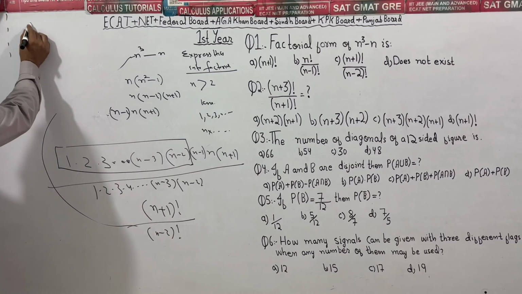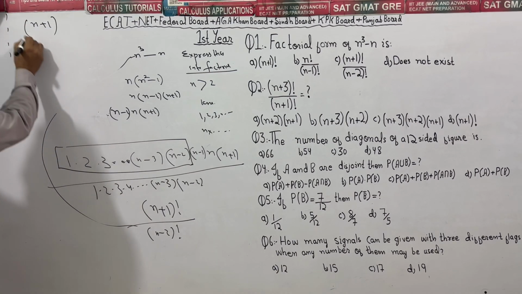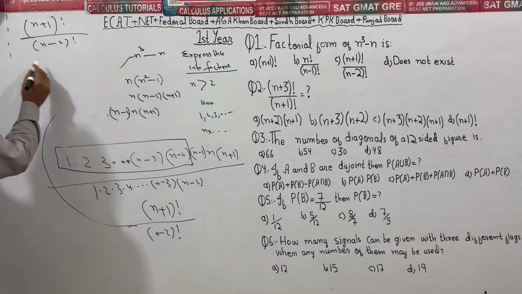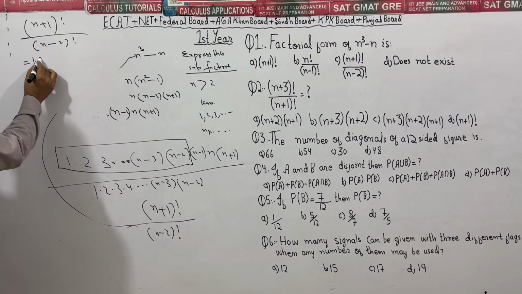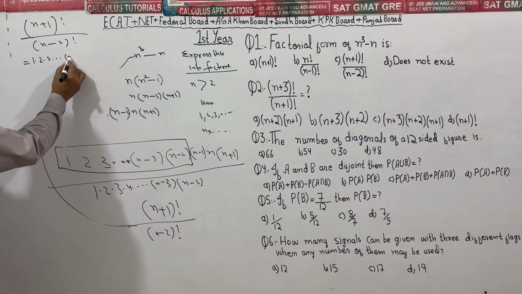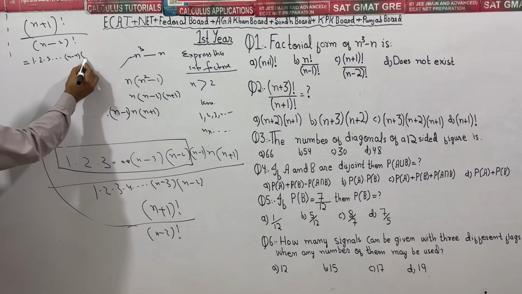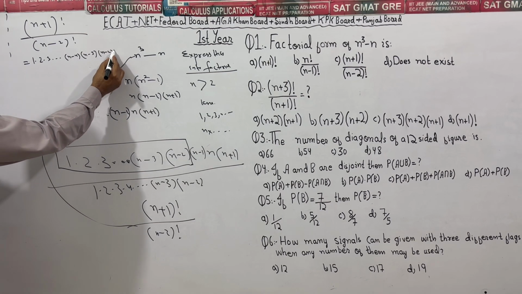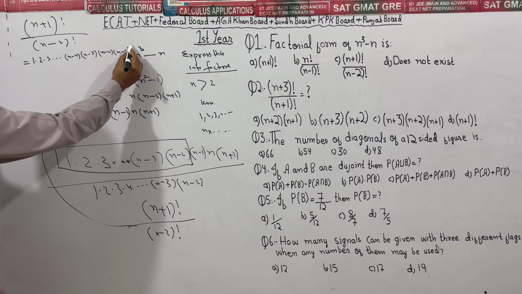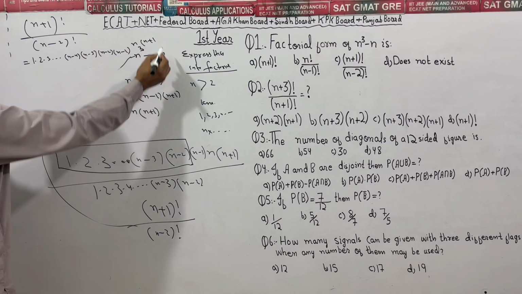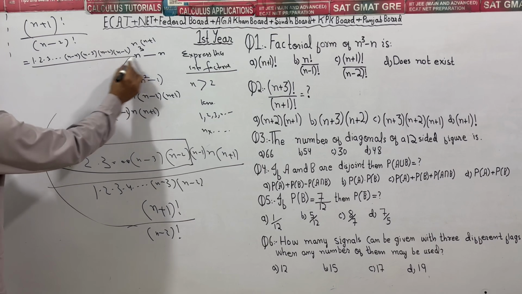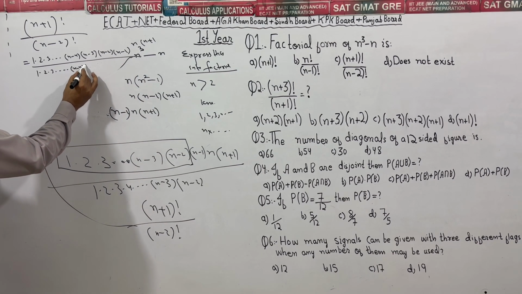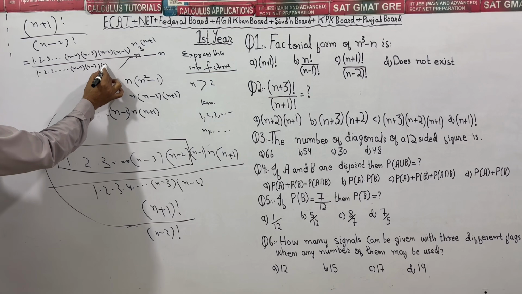Here there is n plus 1 factorial over n minus 2 factorial. Let me start from n plus 1, n, n minus 1, and so on, divided by 1, 2, 3, dash, dash, dash, n minus 4, n minus 3, up to n minus 2.